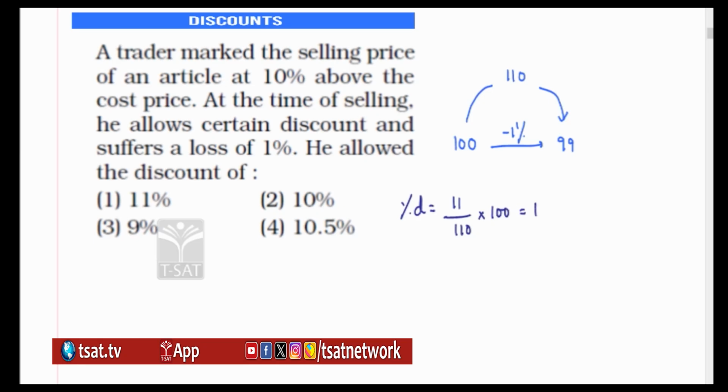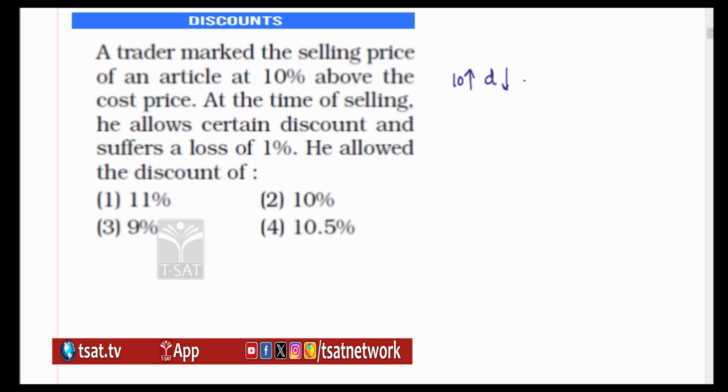Therefore, you are giving 10% discount. You can use the formula also. D percent decrease, 1% decrease means minus 1. So you can use 10 minus D minus MD by 100, that is D by 10, is equal to minus 1.